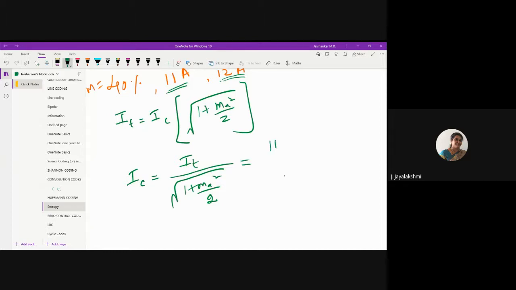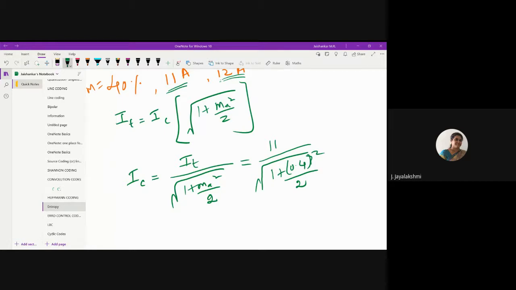So this is 11 divided by root of 1 plus 0.4 square divided by 2. 0.4 square is 0.16, 0.16 divided by 2 is 0.08, 1 plus 0.08 is 1.08.